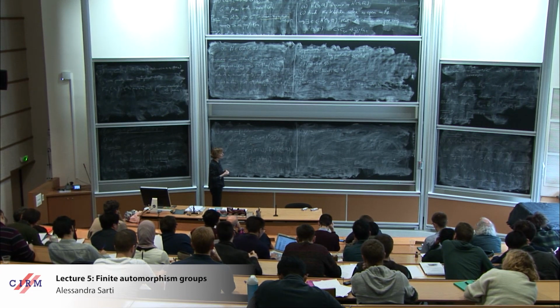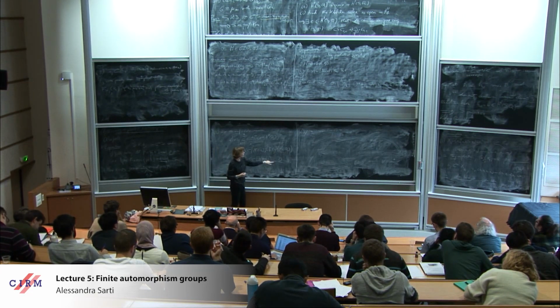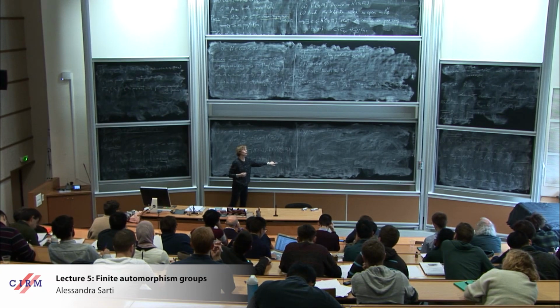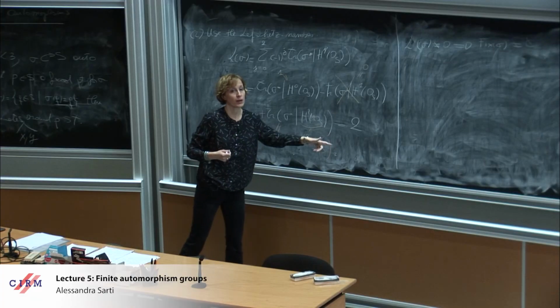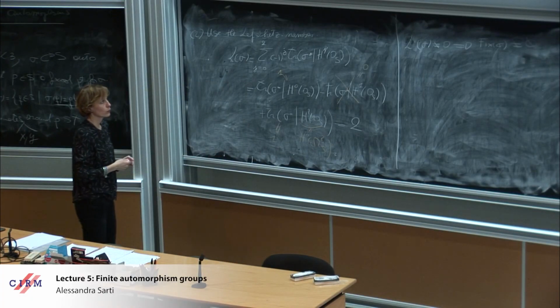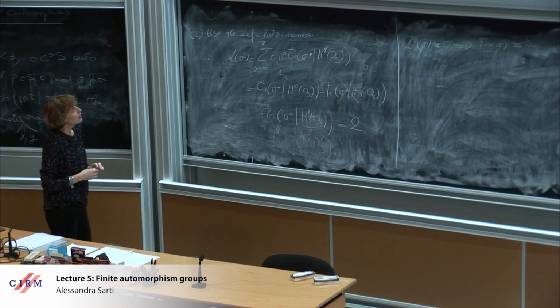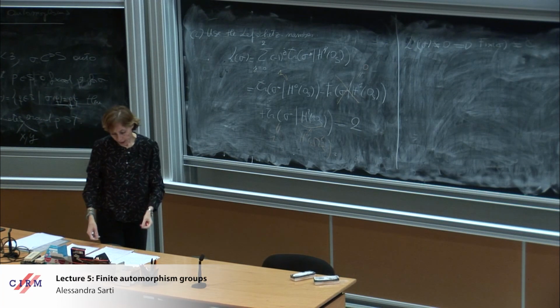In fact, if you think about a non-symplectic involution, you get 0 here, and so that's why with a non-symplectic involution you can have an empty fixed locus, and in fact you have it for Enriques.